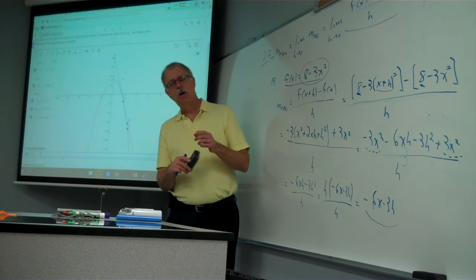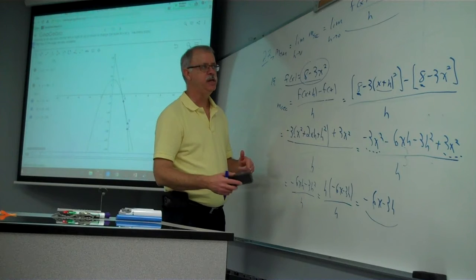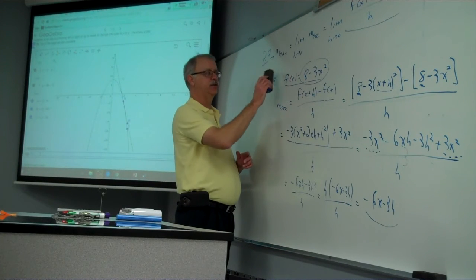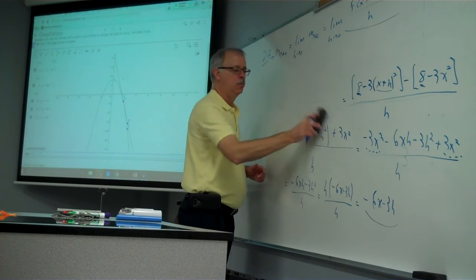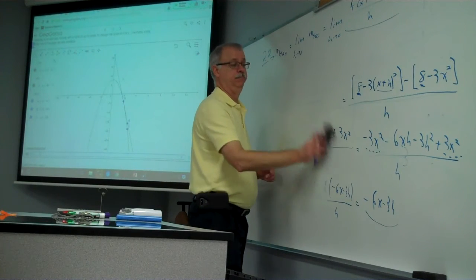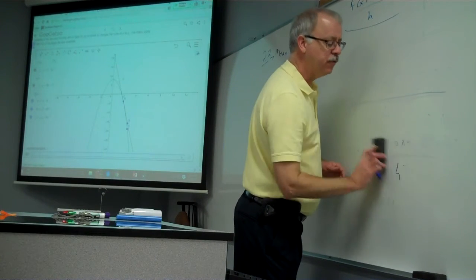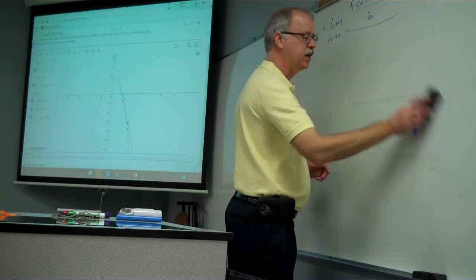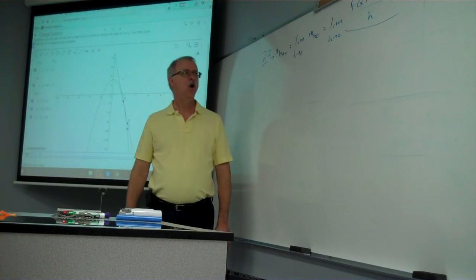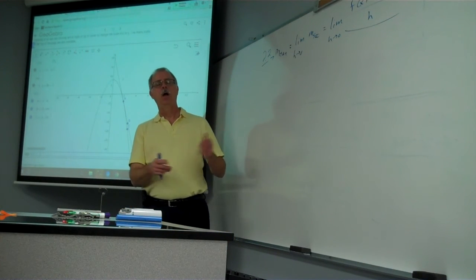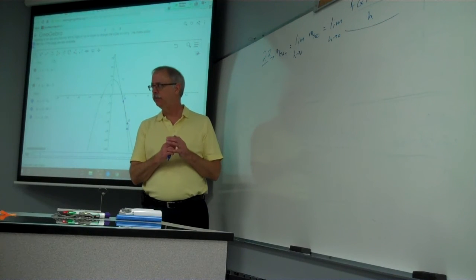Okay. I want to get started in the next section because I want us to begin to see there is an easier way to do this. But I did want to spend a couple days on this idea, because if we had just jumped to the easier way of doing this computation, I don't think we would have had any sense of why we expect that to be the slope of the tangent line.